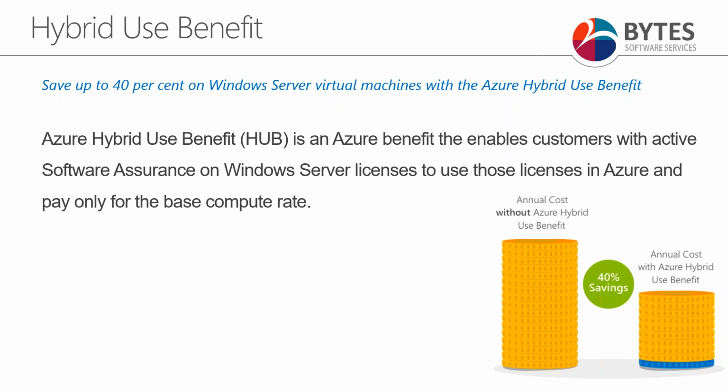So that means you only pay for Windows VMs, but you're charged at the Linux rates. With this, you can save up to 40%. The way to calculate the cost, there is an Azure calculator publicly available on Microsoft's website. If you just compare the Windows VM with the Linux VM, that will show you what the cost savings are there.